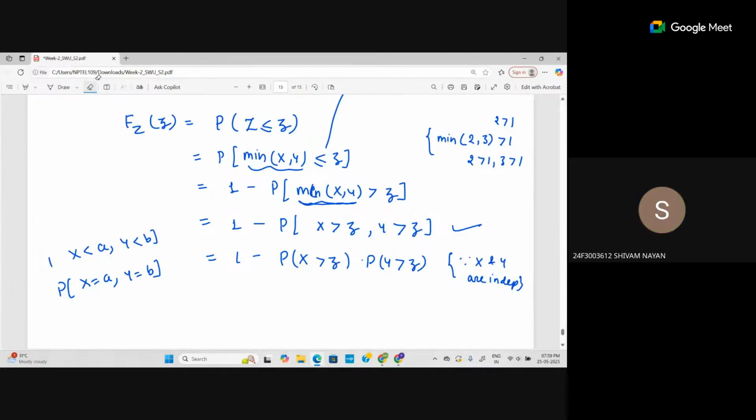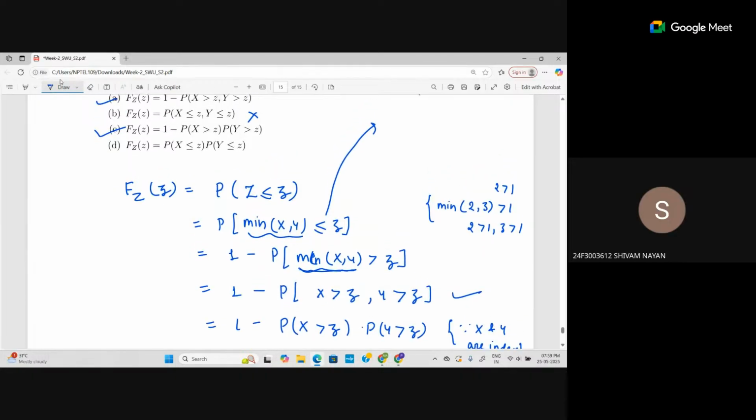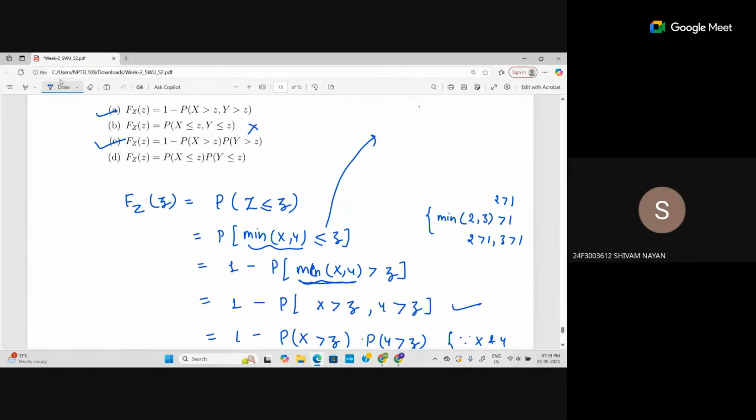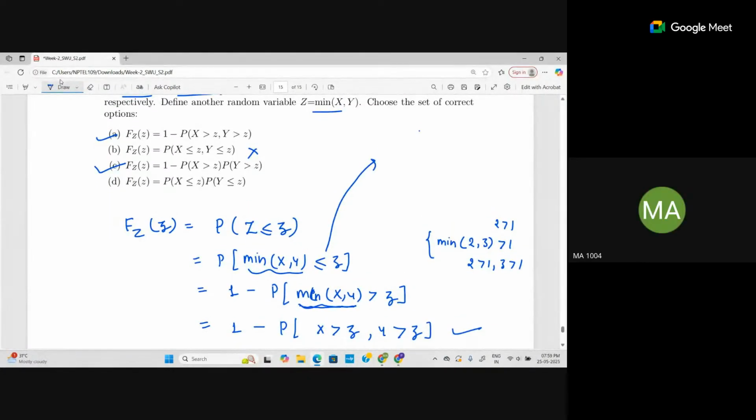Ma'am, if we examine the probability that the minimum of 1, 2 is equal to z, we take all those cases where 1 is the minimum, right? In the discrete case, you can take it like that.